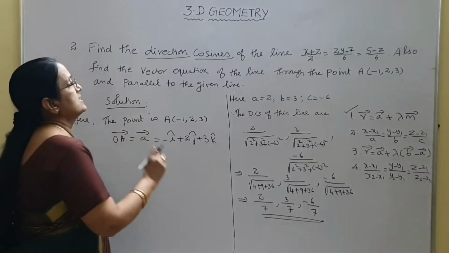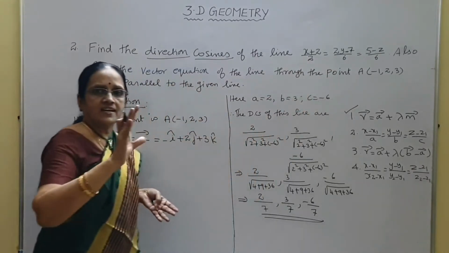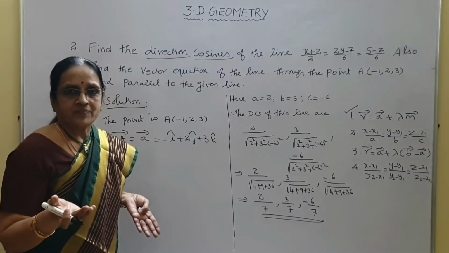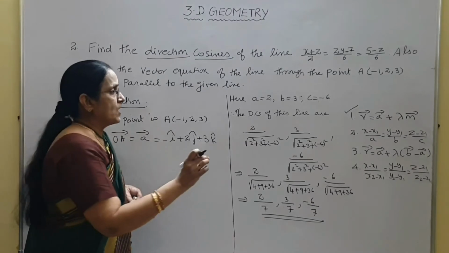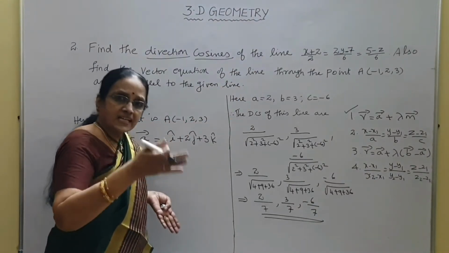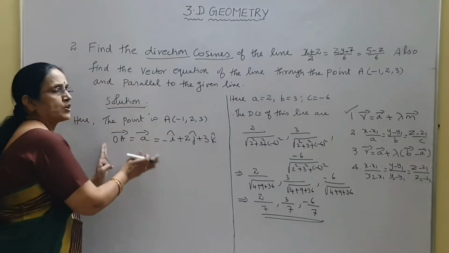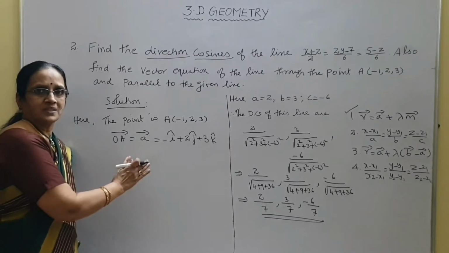The reason is, since this line is parallel to the given line, the DRs are proportional. So, the DRs of the first line, the given line, what you got, that is going to be the DRs of this particular line, what you are going to write now. Okay.